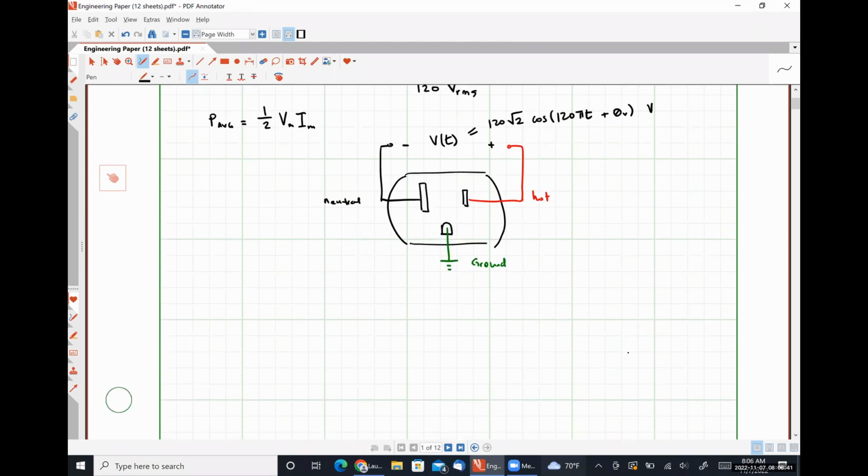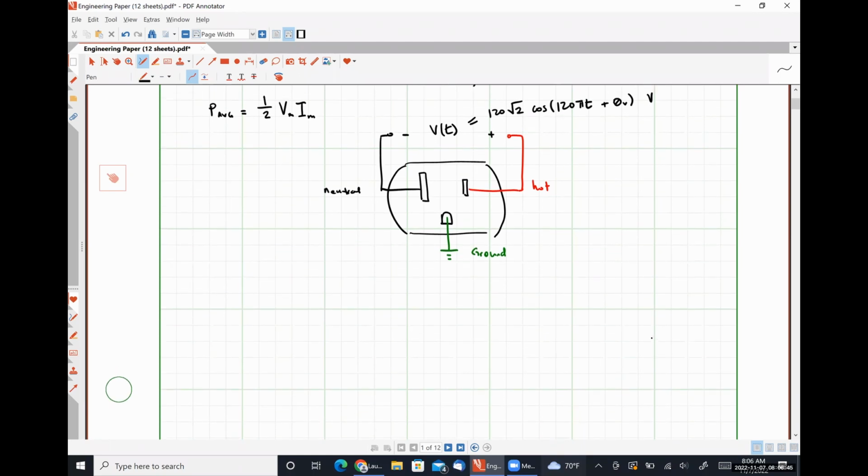So let's consider a resistor. Okay. Through which there is some current I of t flowing and some voltage V of t across it.